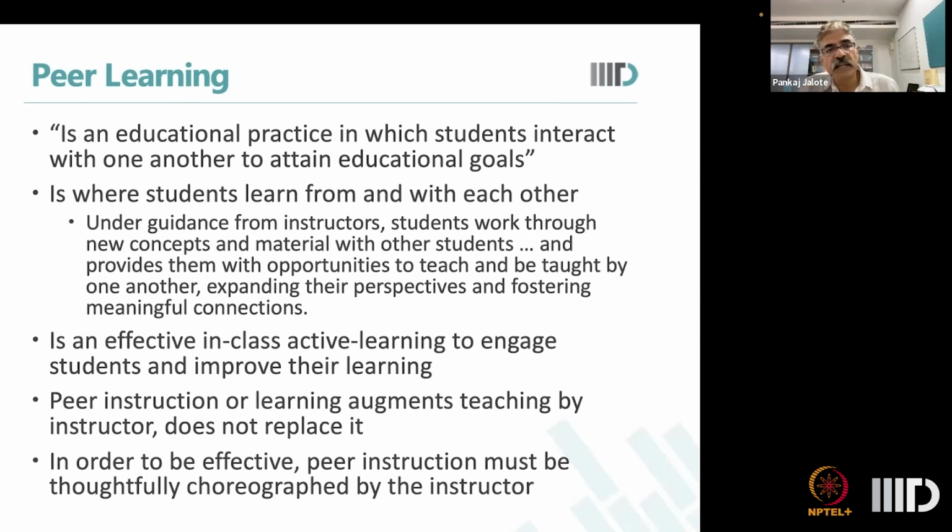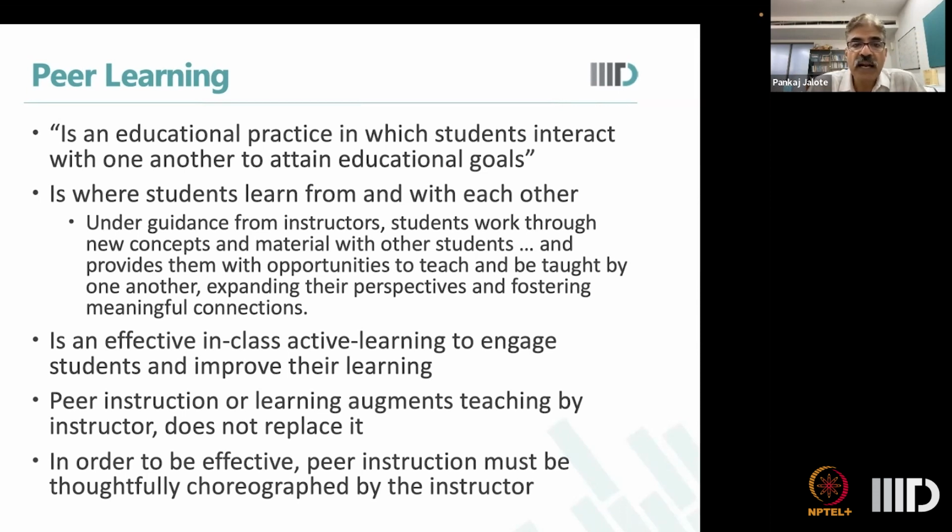So what is peer learning? It's an educational practice in which students interact with one another to attain educational goals. Otherwise, we've been talking about students interacting with faculty to achieve goals. Here, students interact with one another to attain educational goals. It is where students learn from and with each other.